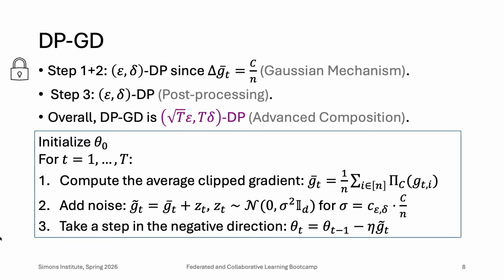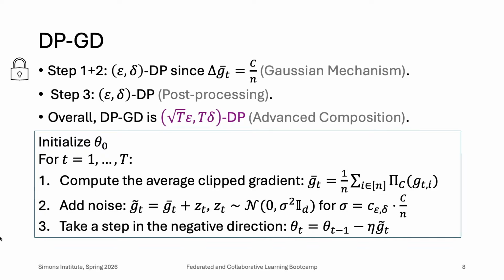The Gaussian mechanism says that in each direction, I need to add noise that scales with the sensitivity of this gradient average times this factor of c epsilon delta that we mentioned before, this log 1 over delta over epsilon. So what's the sensitivity of the average?